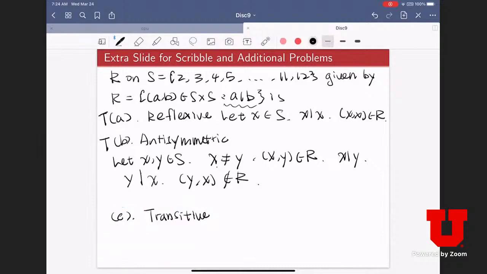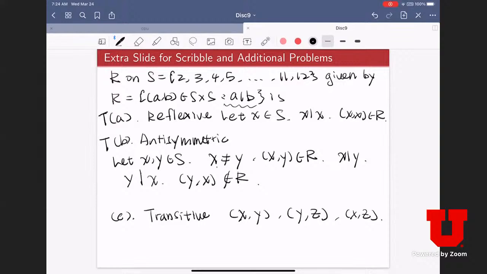All right, any question on this part? All right, so for transitive, just by the definition, we're thinking about if both (x, y) and (y, z) are in the relation, then (x, z) must also be in the relation to satisfy that it is transitive.